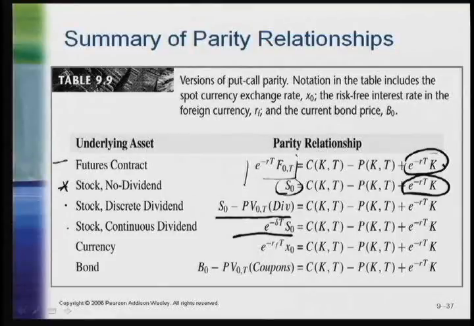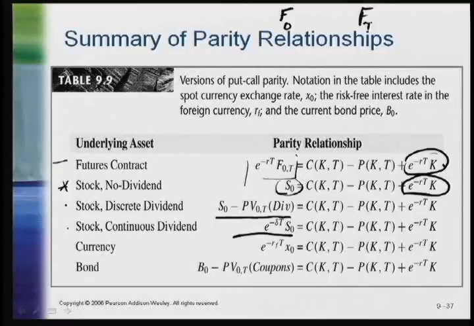The reason is that a futures contract allows you, in essence, to buy the underlying at today's futures price. Let's say that we have a futures contract today, at time zero, and we look at the futures price on, say, the S&P 500. Then we get to delivery, and the futures price has changed to F_T. The point is, F_0 is really what we're going to pay for the S&P 500.